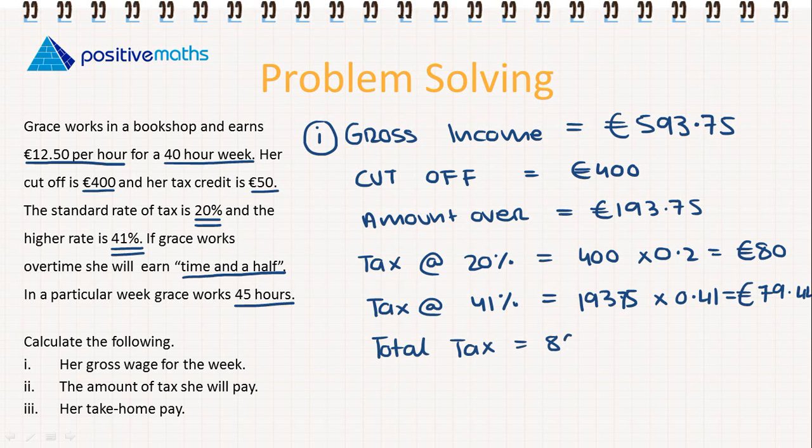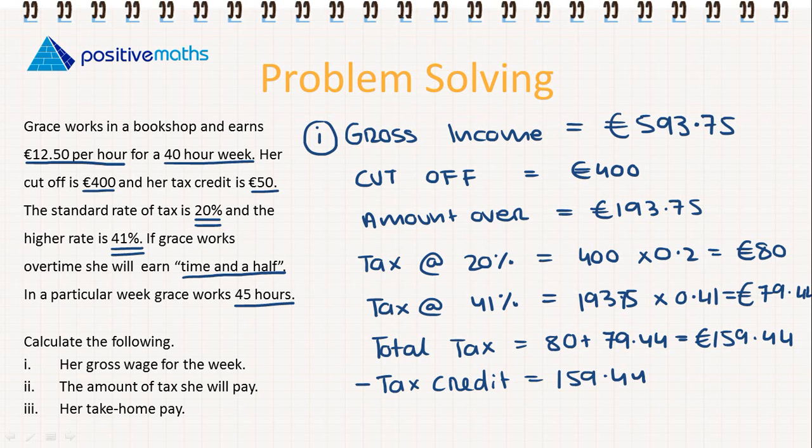Okay, so the total tax then is going to be equal to 80 plus 79.44, which is going to give us 159.44. Now we want to identify and subtract our tax credit.